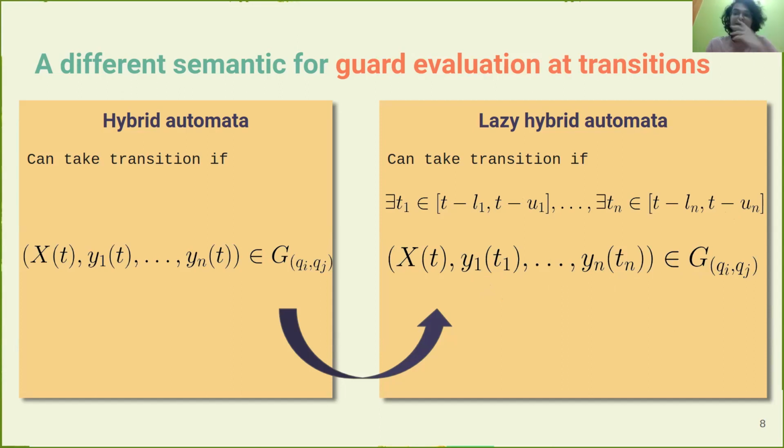That is, instead of evaluating the system variables at the current instant of time, we evaluate them at an instant in the past, which in some sense captures the delay, if you can see it.